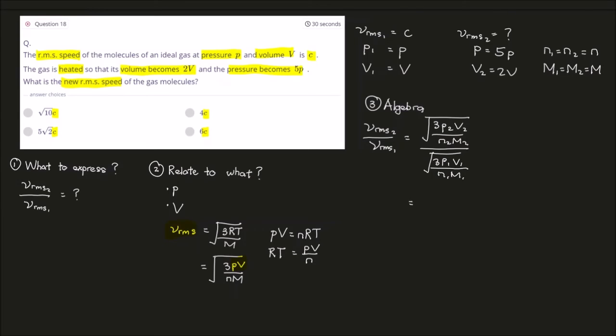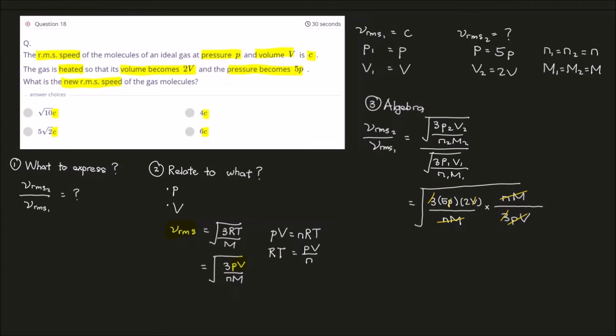Knowing that, we can rearrange our equation: 3 times P2, which is 5P, times V2, which is 2V, over n and M, which are the same, multiplied by nM up there, with just 3PV down there. Once we have reached this stage, it's cancelling time. The 3 can be removed, PV can be removed.